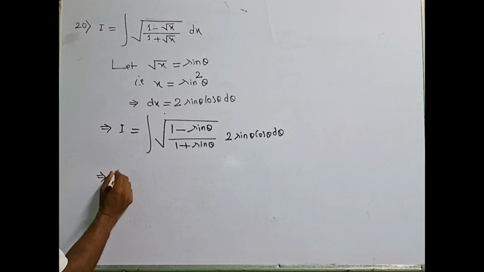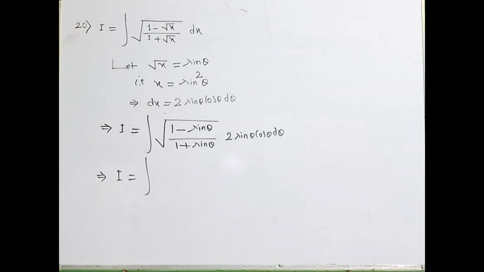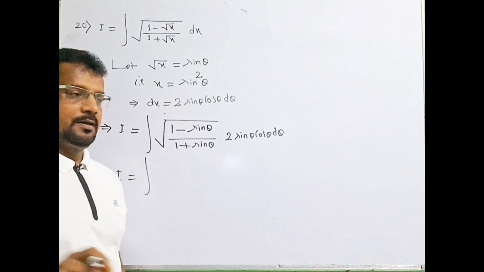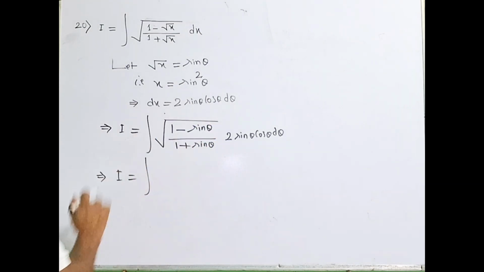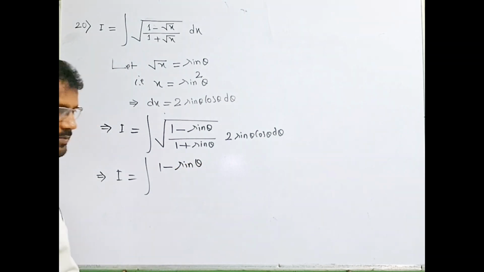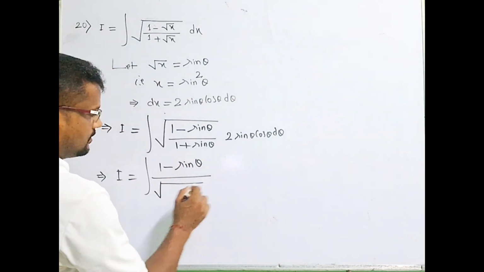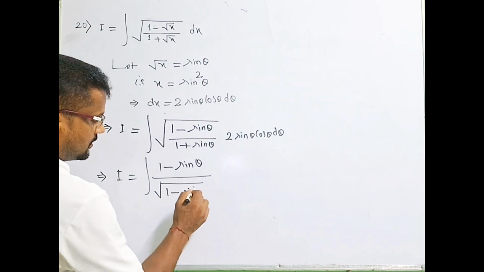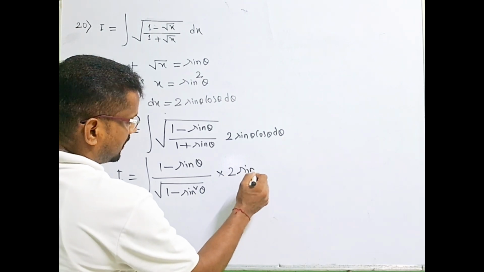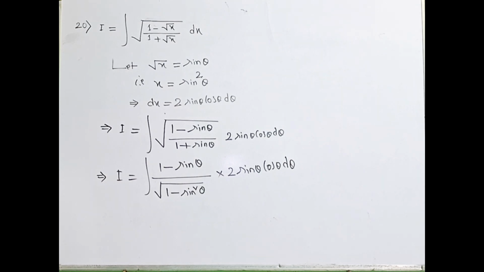This gives you I equals the integration of, do one thing, rationalization: 1 plus sine theta, you take 1 minus sine theta and multiply numerator as well as denominator. And in the numerator you will get 1 minus sine theta, divided by, and under root over, here it will be 1 minus sine square theta, into 2 sine theta cos theta d theta as it is.